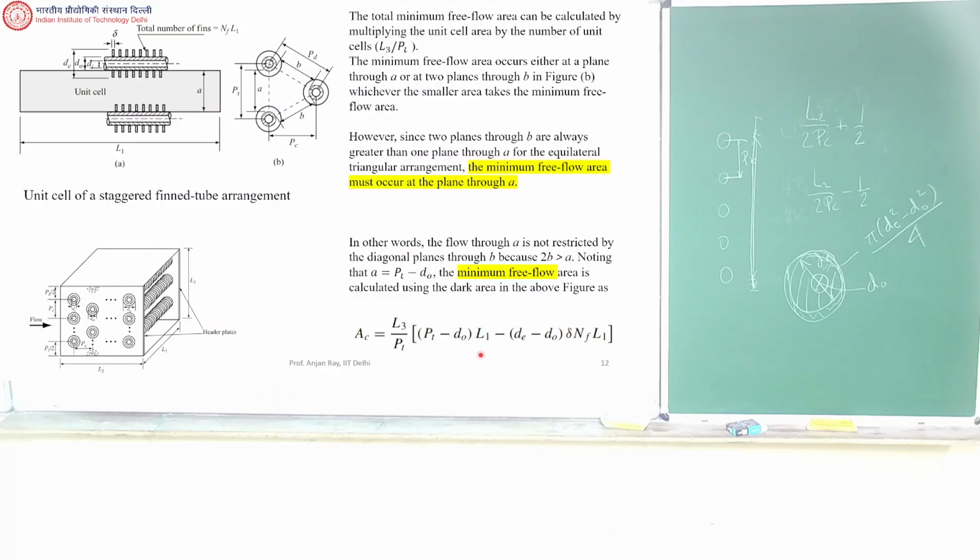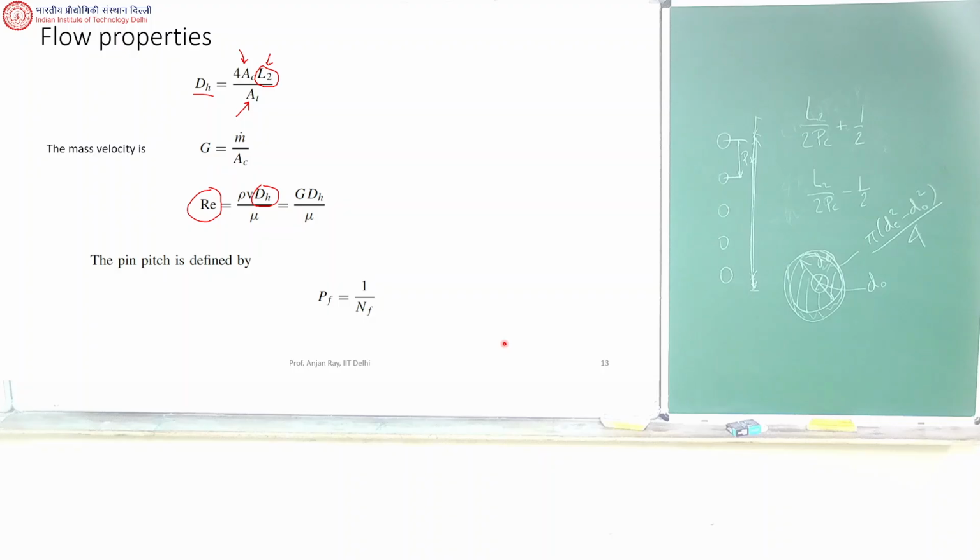So we have PT minus D naught multiplied by L1. Okay? And then from that we subtract the contribution due to fins. We are talking about this free area between the tube rows. All right, so this is what we are going to get. Details you have to do yourself.